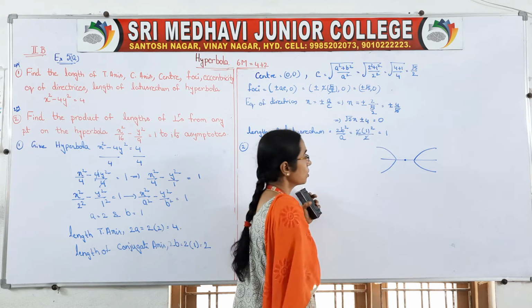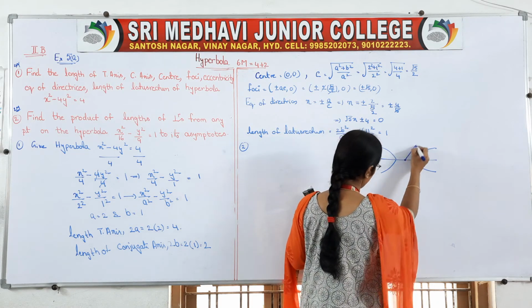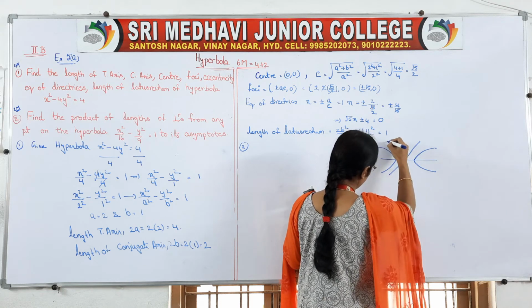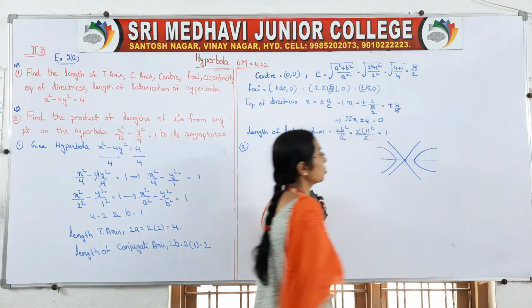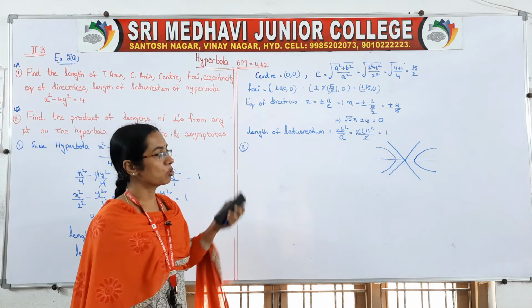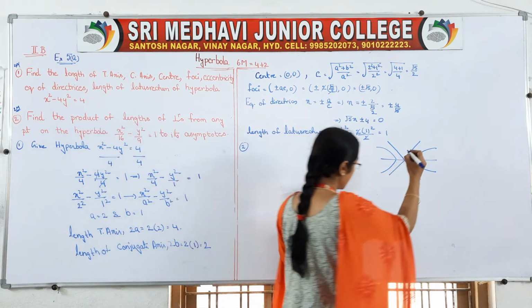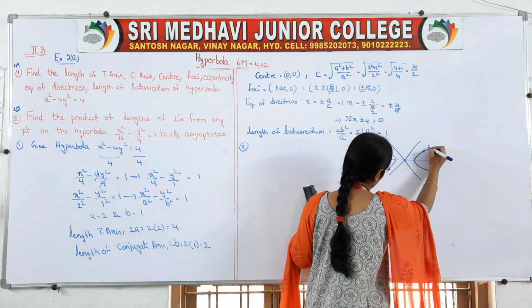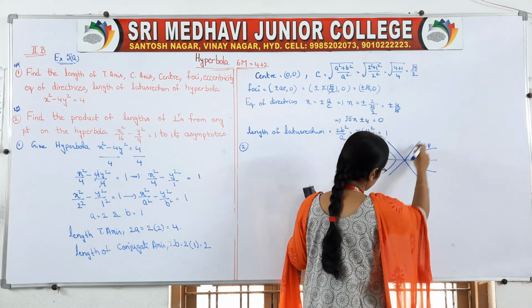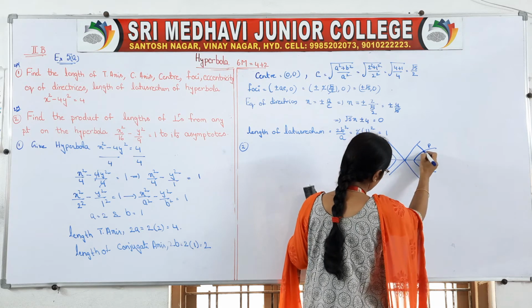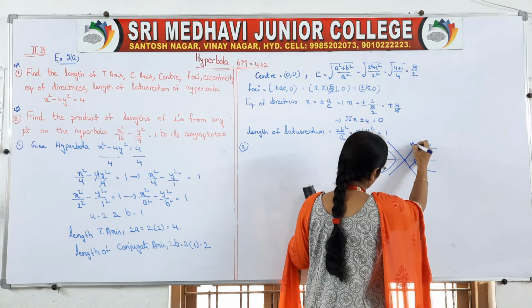I said the two lines which pass through the origin and cut the axis into two parts are called asymptotes of the hyperbola. So if we take the perpendicular distance from a point to this, this is one asymptote and this is another asymptote, right.